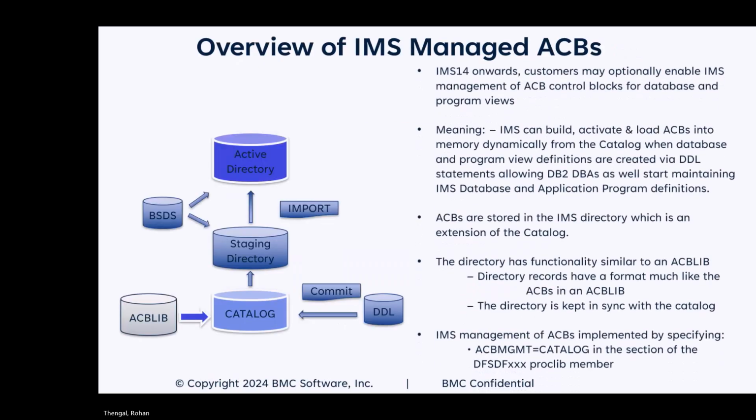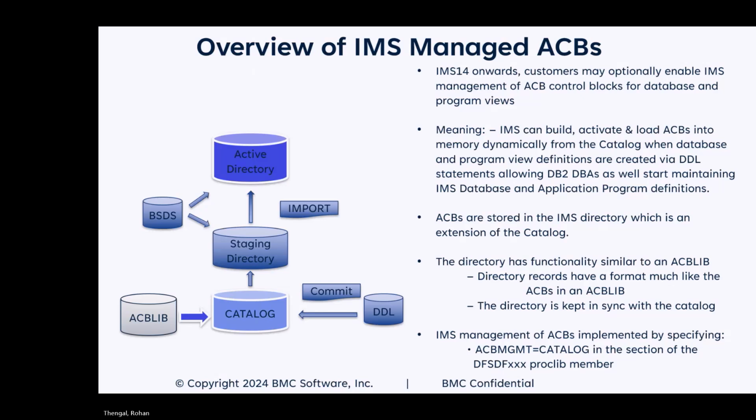We have covered the overview of IMS managed ACBs multiple times in our previous sessions, but just to have an overview again. As you know, in the traditional process, we have to chain PSBs and DBDs, then generate ACBs, and then populate them to the catalog. But we have a shortcut where we can directly do it using DDL as well.